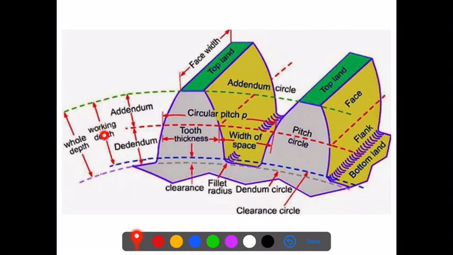The radial distance between these two is called the working depth, because the addendum circle of this gear and the addendum circle of the second gear will come over here, and that's why this is called a working depth.